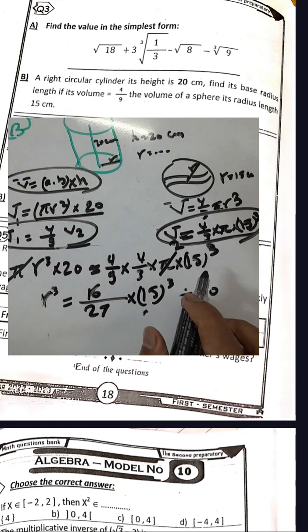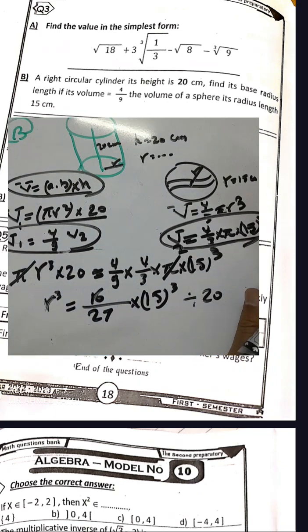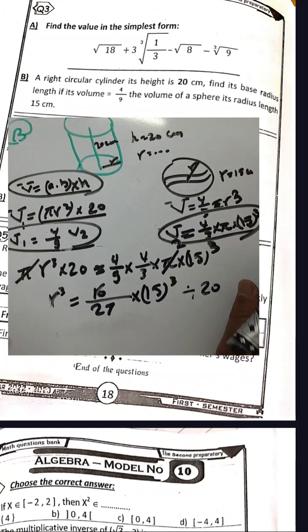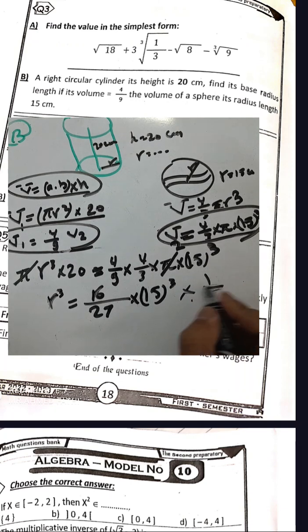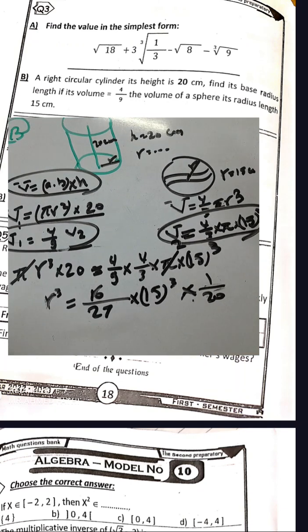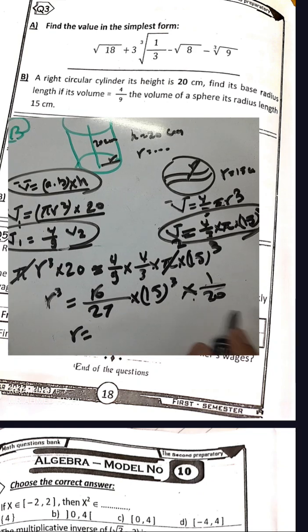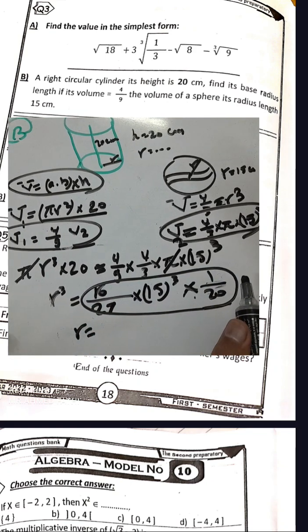And then write the square root of the result. Okay, divided by 20 means multiplication by 1 over 20. Then r will be the square root of them. You can find the result in your calculator and write the square root of them.